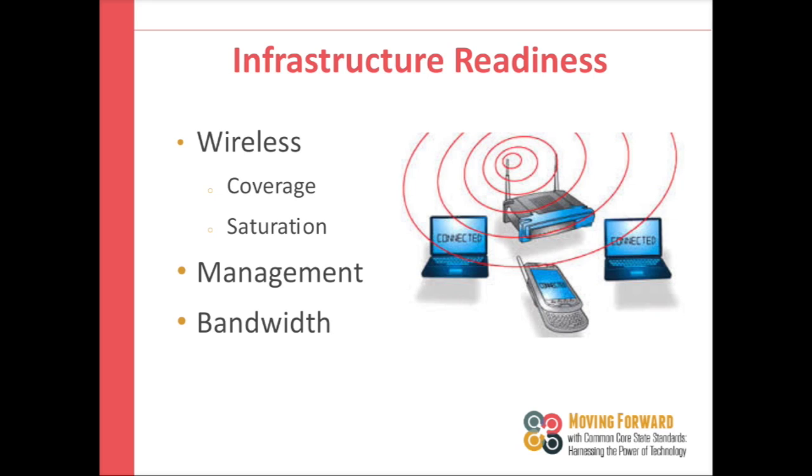So we're going to talk about what it means to have coverage, and then what it means to have a saturated wireless environment. And then we'll talk about how you manage all those devices, because pretty soon you end up with hundreds of these wireless access points out there, and how do you manage that? And then we'll talk about bandwidth a little bit too. Well, bandwidth is easy. Just get more and more and more.